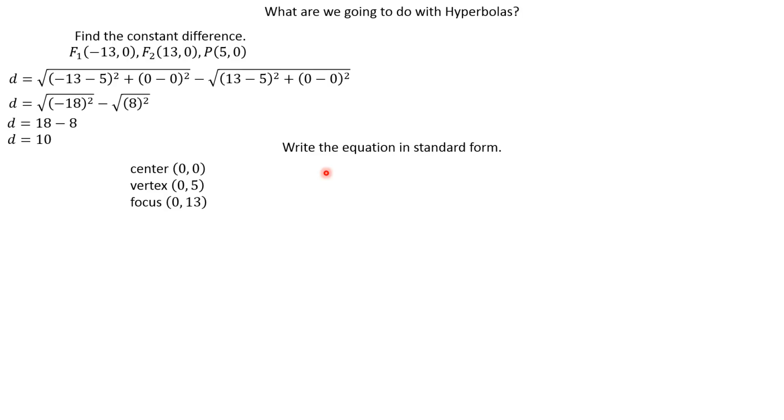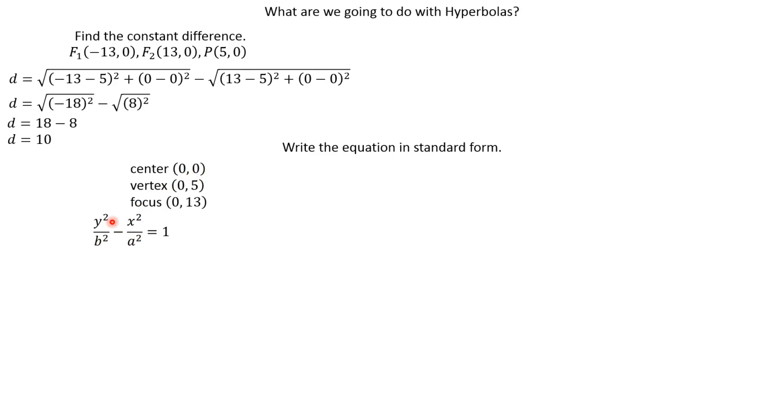So we look to see our center, our vertex, our focus. What variable is changing there? Oh, the y variable is changing. So if our vertex is in the y direction, that would make it a vertical hyperbola, which means we have y squared minus x squared.